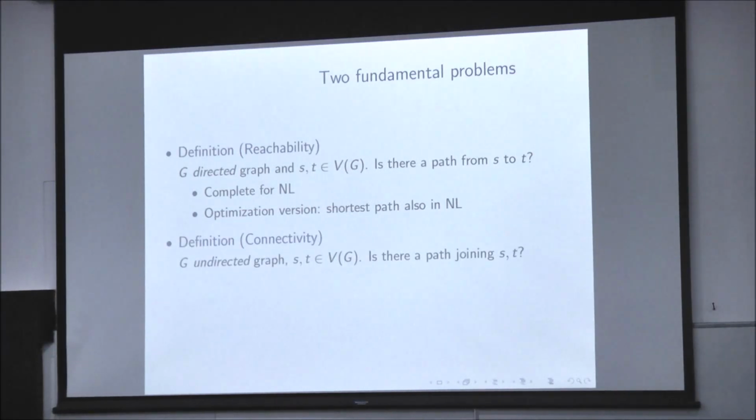The second problem is very similar, but now we are working on graphs which are undirected. So the contrast between directed and undirected graphs means that the problem is complete for the class SL, which was in a celebrated paper proved equal to log space.